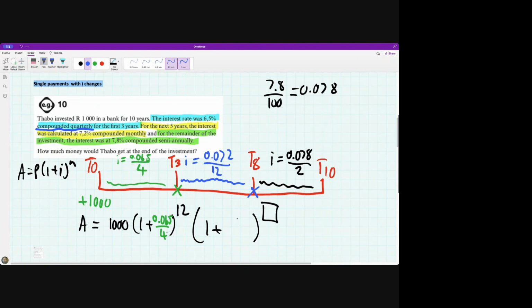What am I going to put here for my interest rate? Because remember, this thing over here is just the input value for the formula. So that thing there is just this whole thing here. That is the P-value. And I'm trying to go from here to here. What interest rate am I going to put there?